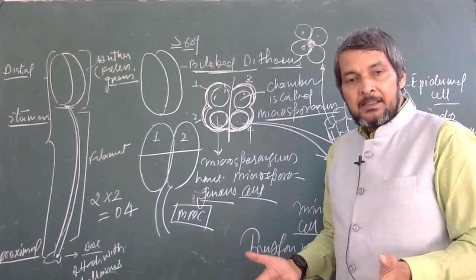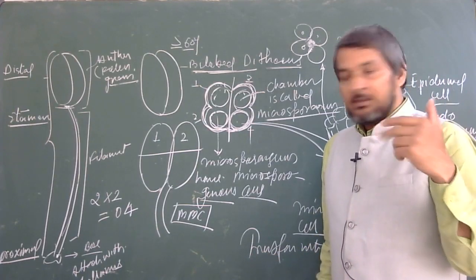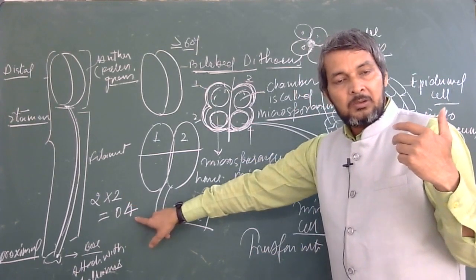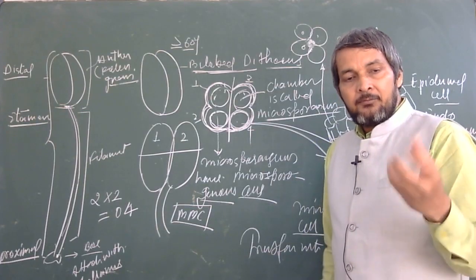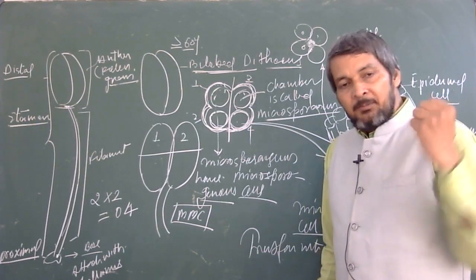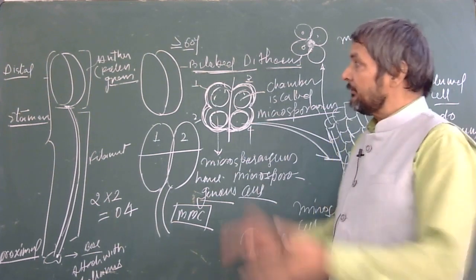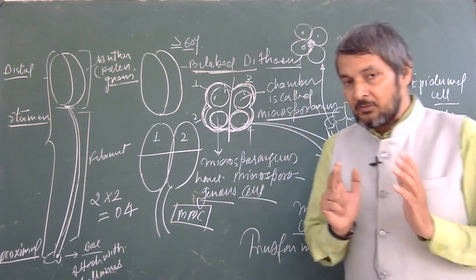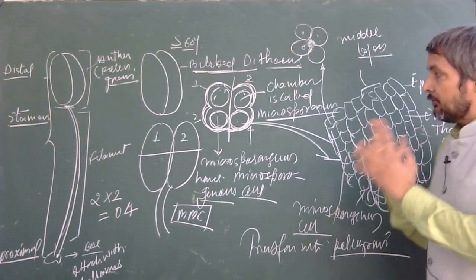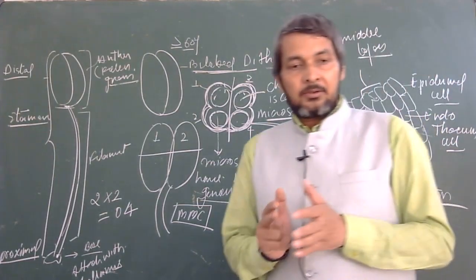So how many pollen sacs are there? There are 2 lobes, and each lobe has 2 theca, a total of 4 theca. 4 theca have 4 microsporangia. So the number of microsporangia is equivalent to the number of pollen sacs in the given anther. That's all about the structural and functional organization of the microsporangium.